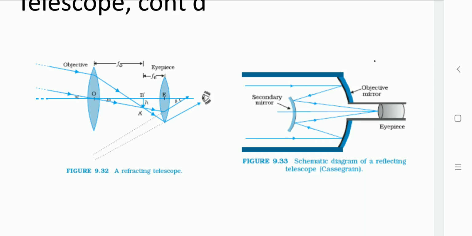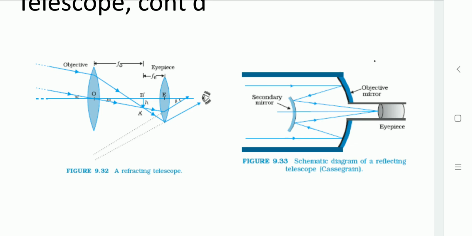The largest reflective telescope is available in Hawaii, USA, having a diameter of 10 meters. So in this telescope, the first objective lens is replaced by a mirror, and the problem of having a concave mirror is solved by two mirrors, the primary concave and the secondary convex mirror.